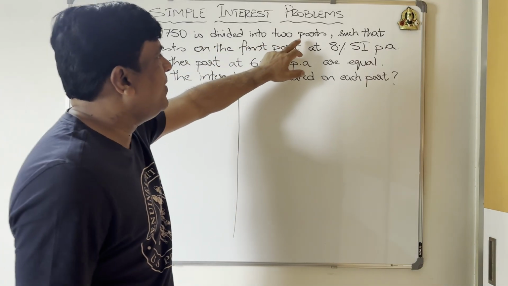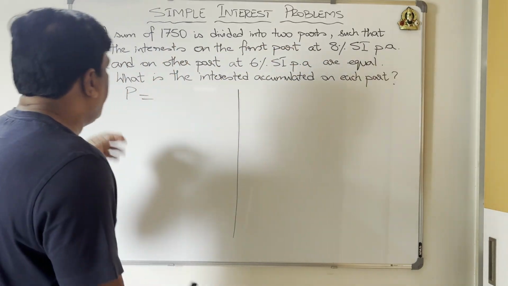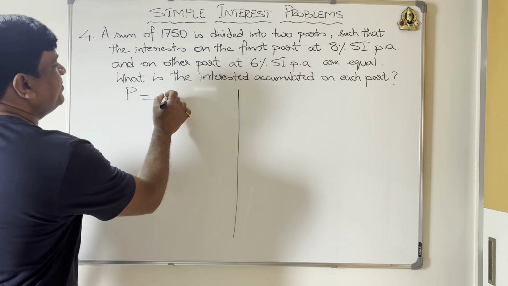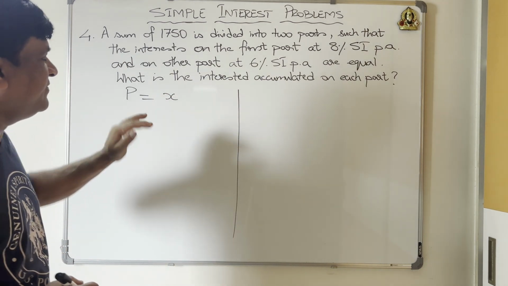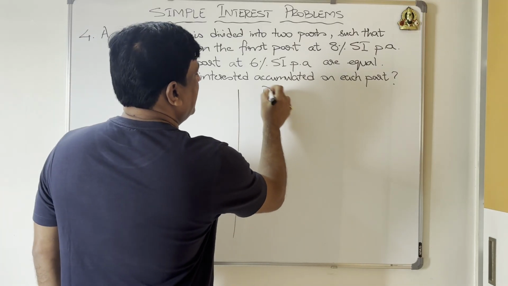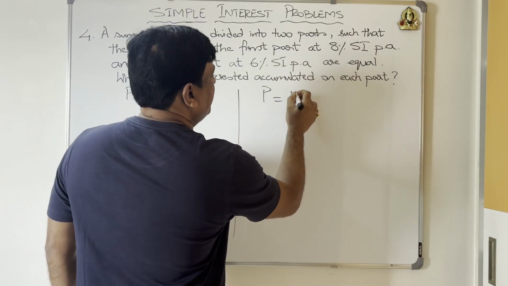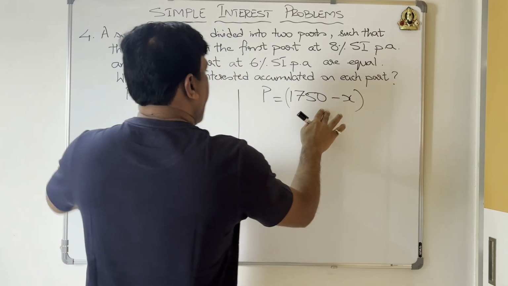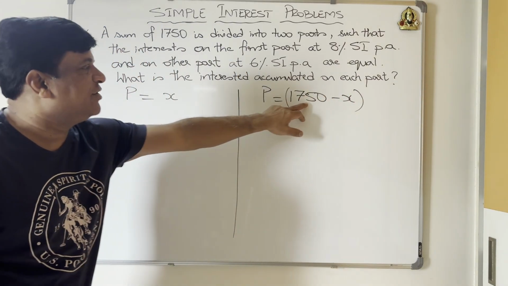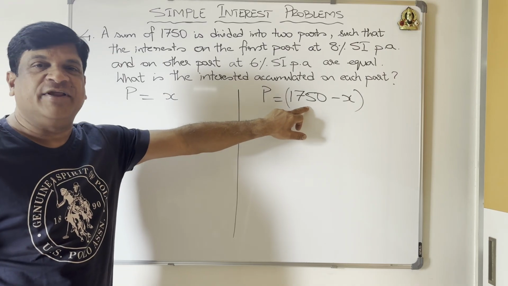It's not equal parts, it's two parts. So can I say that let the first part be x? I'll take the first part as x. What will be the second part of the sum? It will be 1750 minus x. So when you add these two, you should get the total sum, which is 1750.